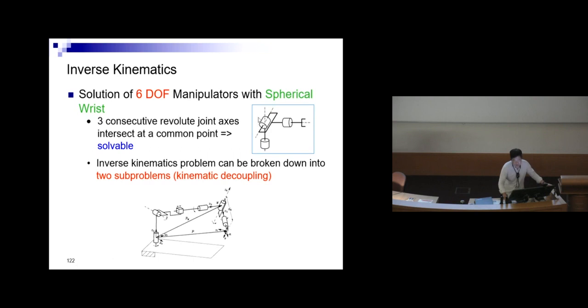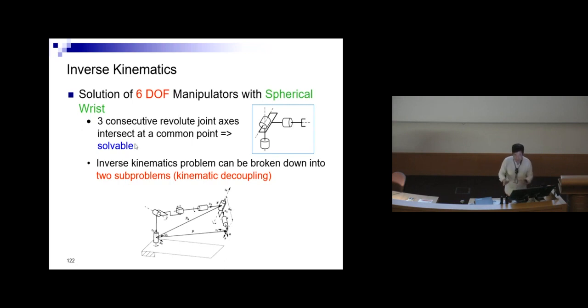This is another revolute joint, so it turns this way. And this is a revolute joint for rolling. So this is roll, this is pitch, and this is yaw. You may view it in this manner. The 3 consecutive revolute joints intersect at a common point. If you draw the axes down, they intersect at one single point. So by theory, this means that the structure is solvable.